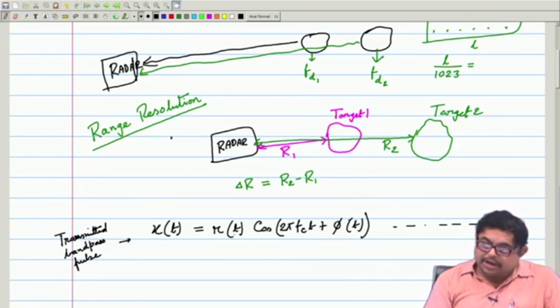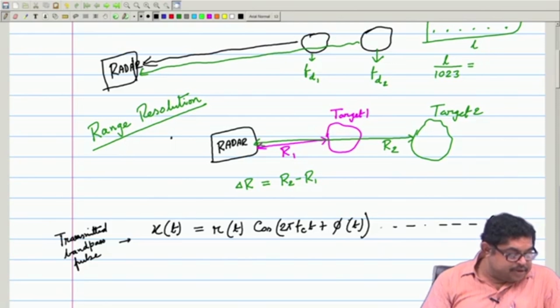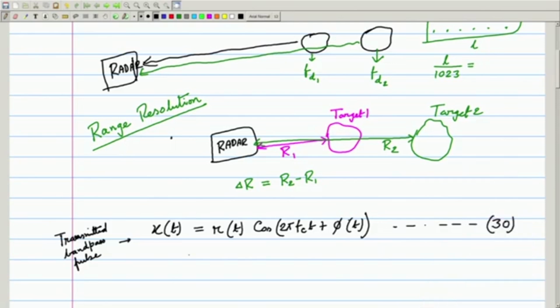So, what is R(t)? R(t) is the amplitude modulation in the carrier, if any, and phi(t) is the phase modulation in the carrier. Correspondingly we have seen that we can write the pre-envelope, and since this is an RF signal, we will have to come to the complex envelope. So, the intermediate route is the pre-envelope.